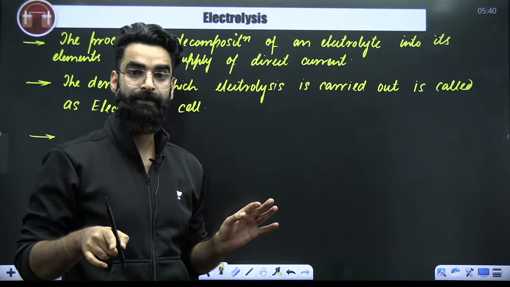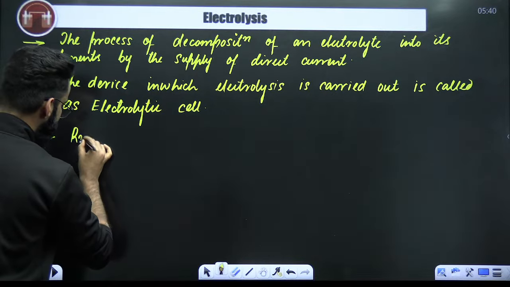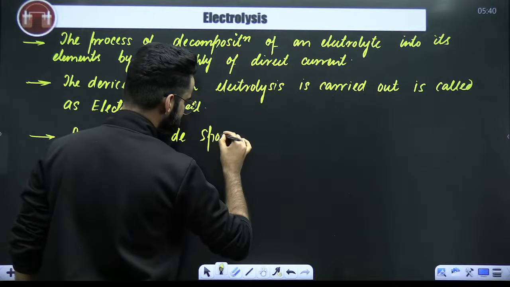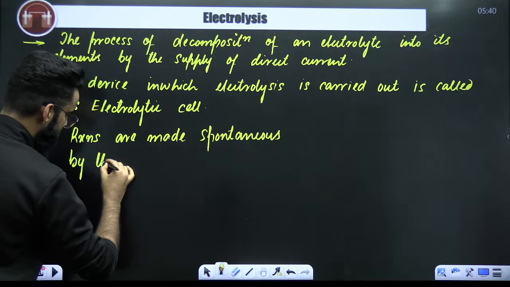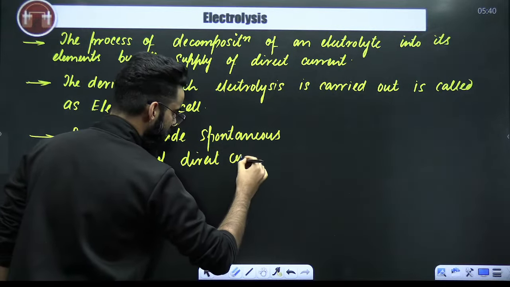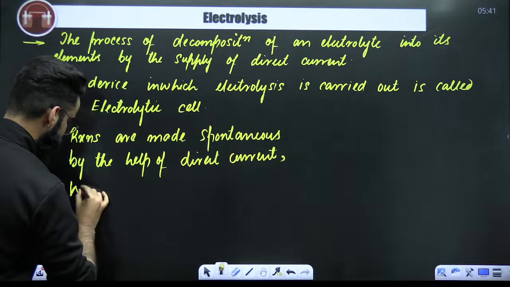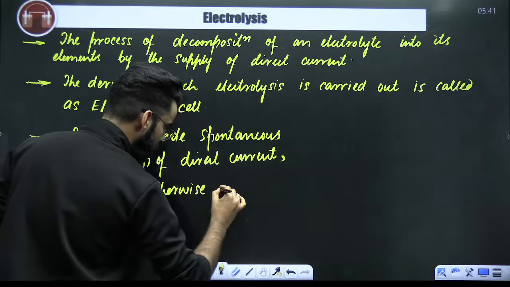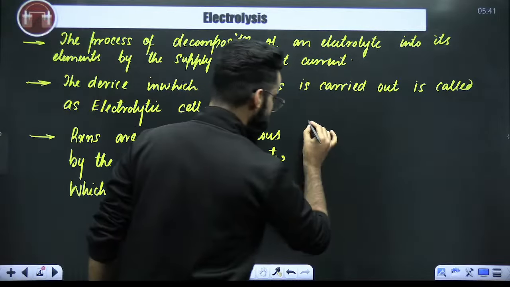They used to be spontaneous, as in your Daniel cell, galvanic cell, etc. In case of electrolysis, reactions are made spontaneous by the help of direct current, which are otherwise non-spontaneous.